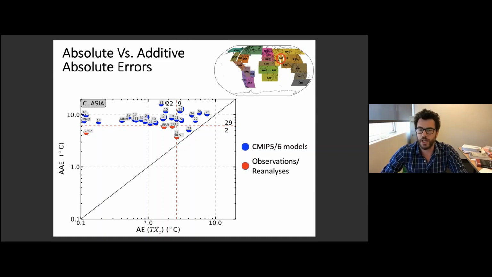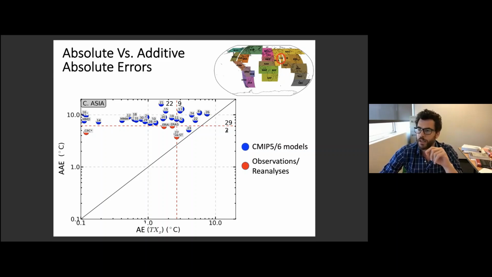That is, there are 22 models out of 31, and in this case it's not 37 because I'm using an earlier study where we only had 31 models. So 22 models out of 31 are within the observational uncertainty if the metric we use is the absolute error. However, if we use the additive absolute error, there are only 2 models that are within the observational uncertainty.